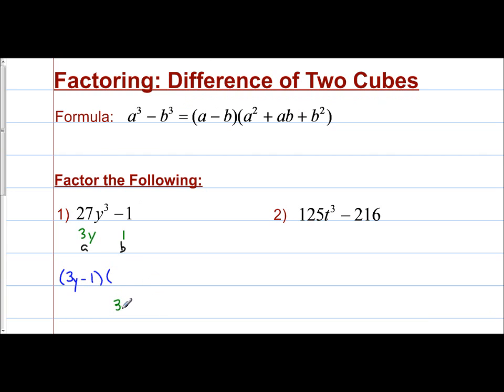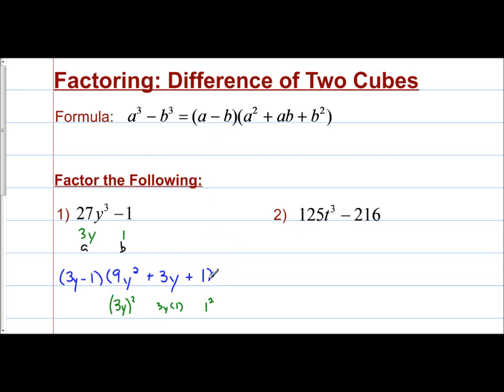When I'm squaring 3y, you square the 3 and square the y, so you get 9y squared, plus a times b, which is 3y times 1, just 3y, plus b squared, and 1 squared is just 1.